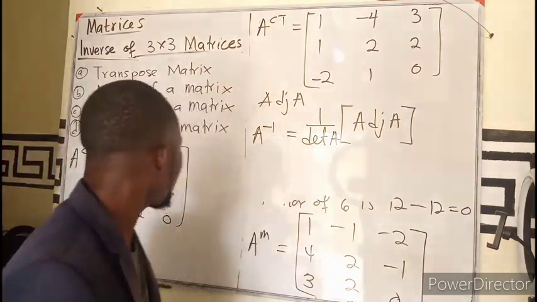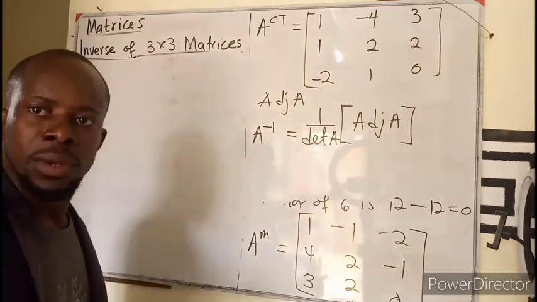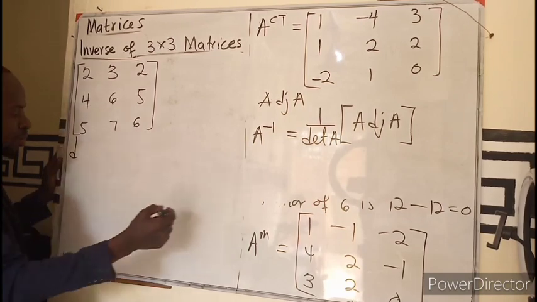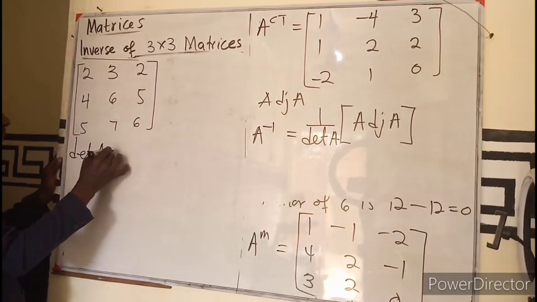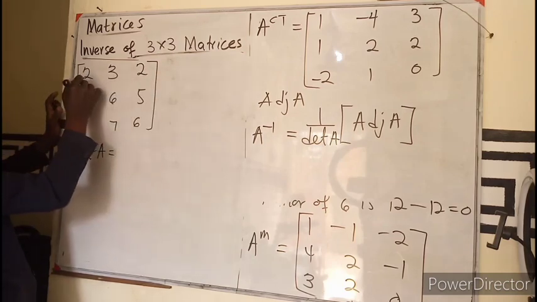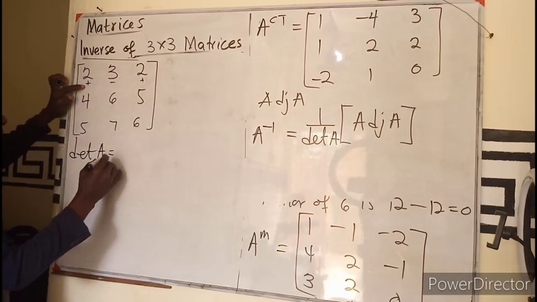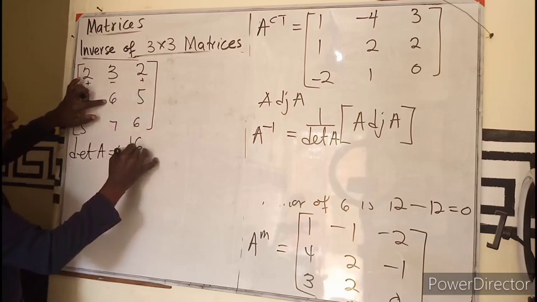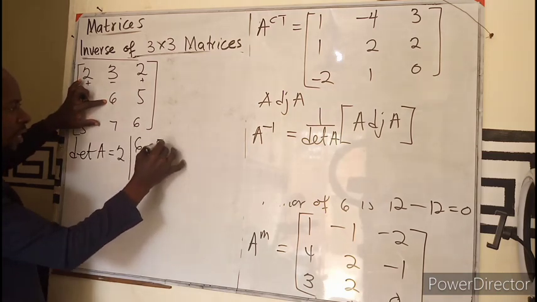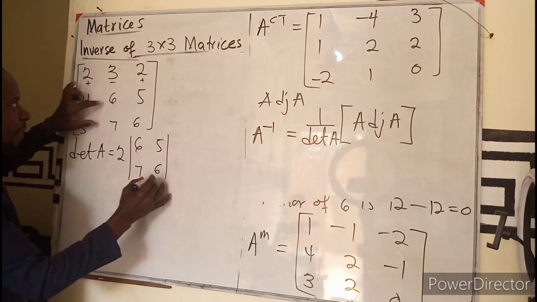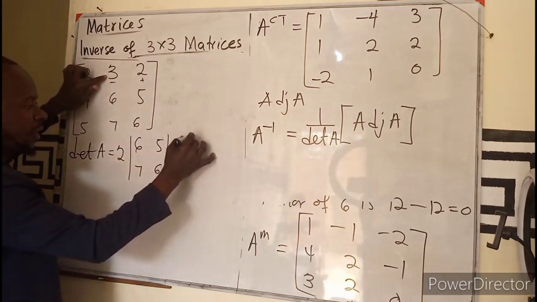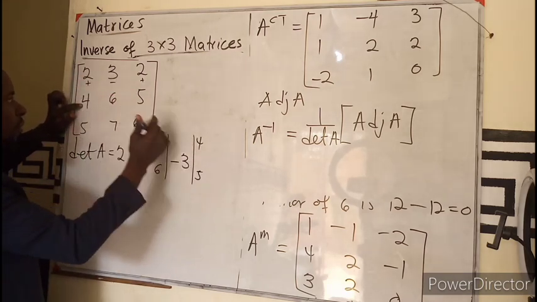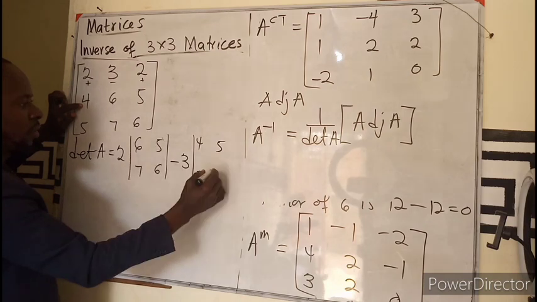Alright. So now let's find the determinant of A. This is the same matrix we began with. I want to take the first row, so plus, minus, plus. So I will take 2, cover all this. So I'll be left with 6, 7, 5, 6. The bar. So minus 3. All these they go down. So 4, 5, 5 what? 6.